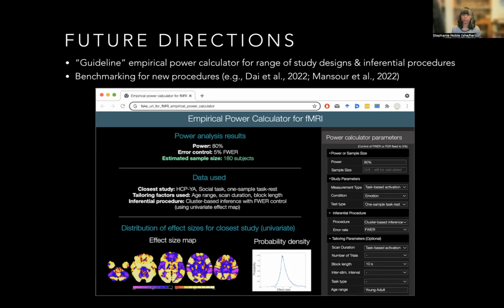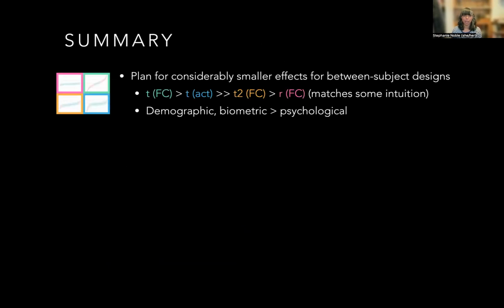And I think this sort of empirical benchmarking procedure can also be helpful for comparing new procedures. How powerful would I expect this arbitrarily complex inferential procedure to be compared to some other existing procedures? So, a quick summary. Conservatively, this is one way of looking at it, you might plan for considerably smaller effects for between subject designs compared to within subject designs.